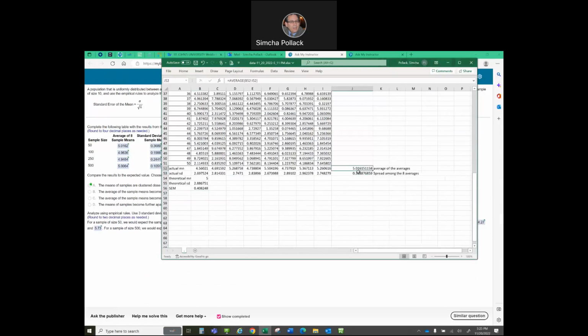So if you take this number here, 5.01, and add on 3 spreads, 0.36 plus 0.36 plus 0.36, let's do that. So this is going to be the upper limit of the empirical rule.